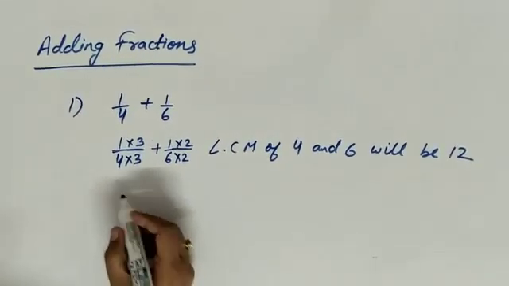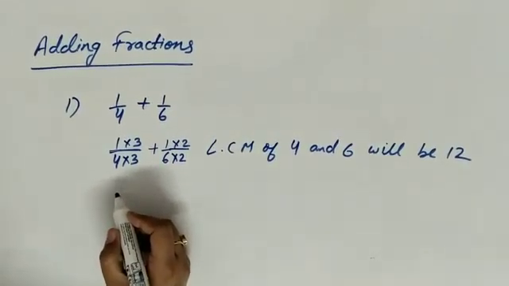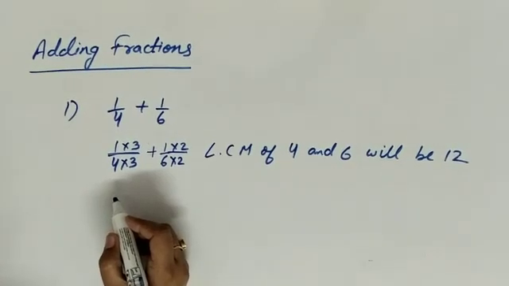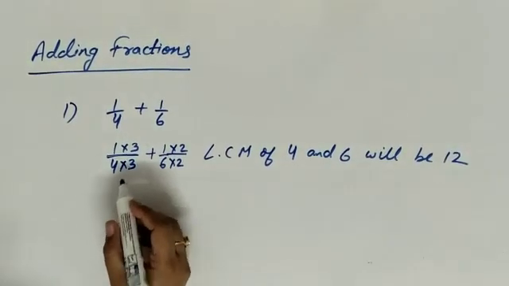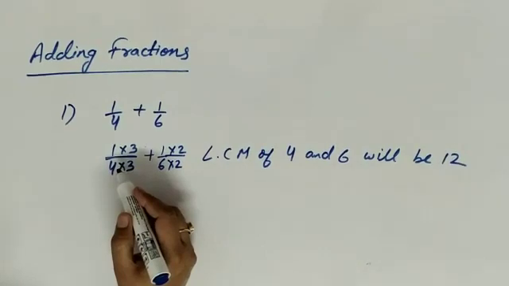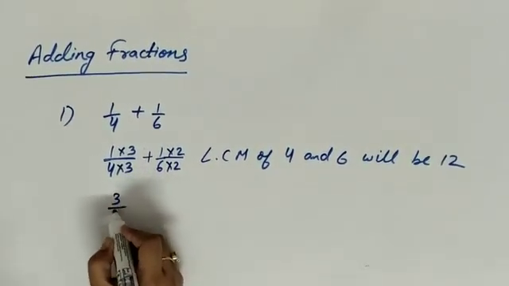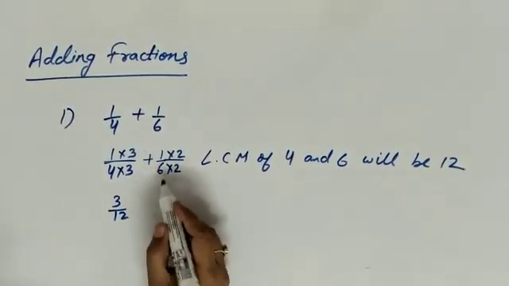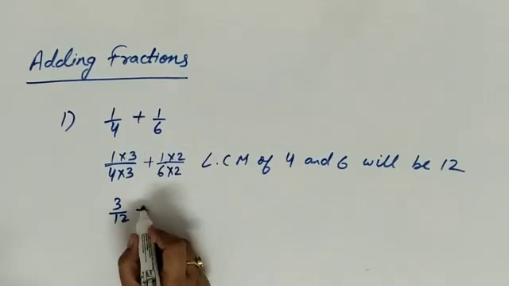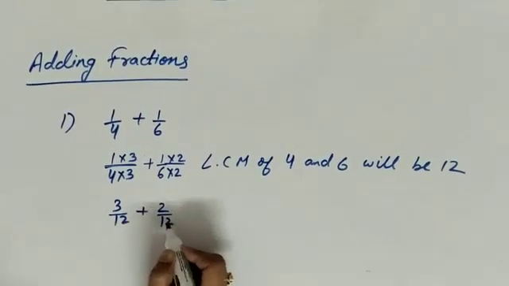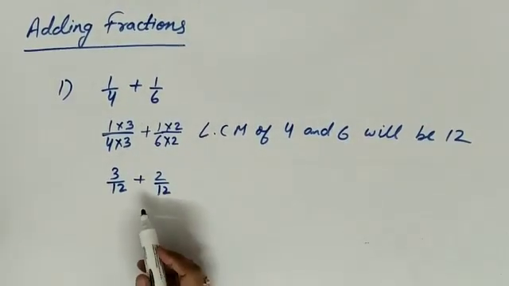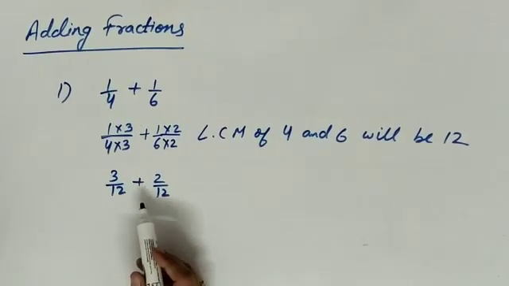After making the denominator the same, our fractions have changed: 1 out of 4 has become 3 out of 12 and 1 out of 6 has become 2 out of 12. So our denominators are the same, right?